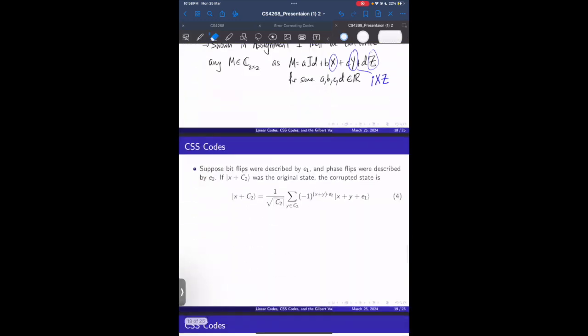Specifically, suppose the bit flips were described by the error vector E1 and the phase flips were described by the error vector E2. If this was the original state, then this is the new corrupted state.